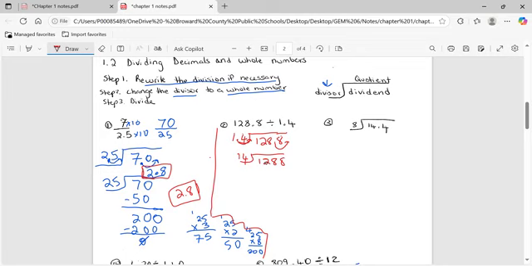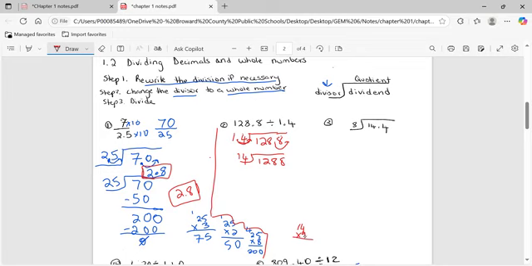Can 14 go into 12? No. Can 14 go into 128? Definitely. How many times? Well, let's see. 10 can't be. 10 is too much. Maybe we want to try 9. Not sure. So 14 times 9. I could do that.